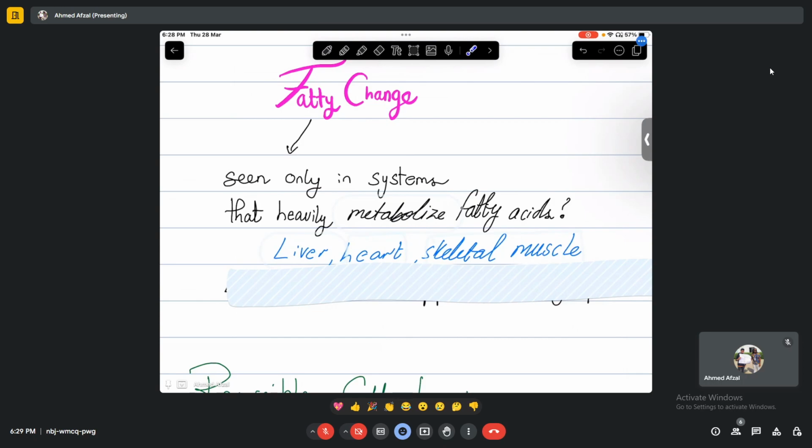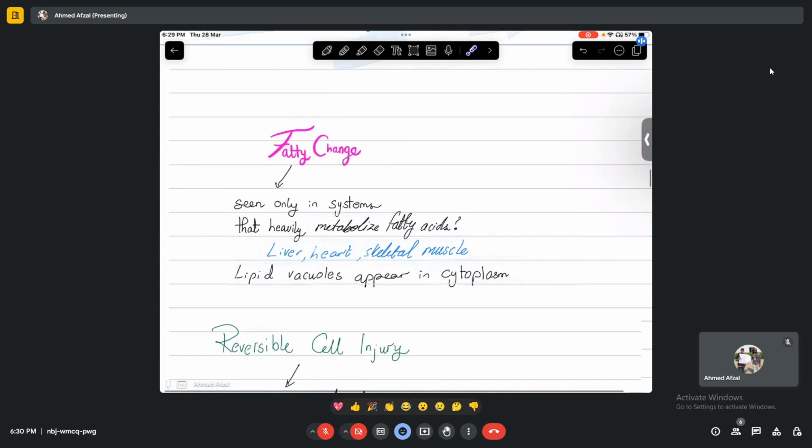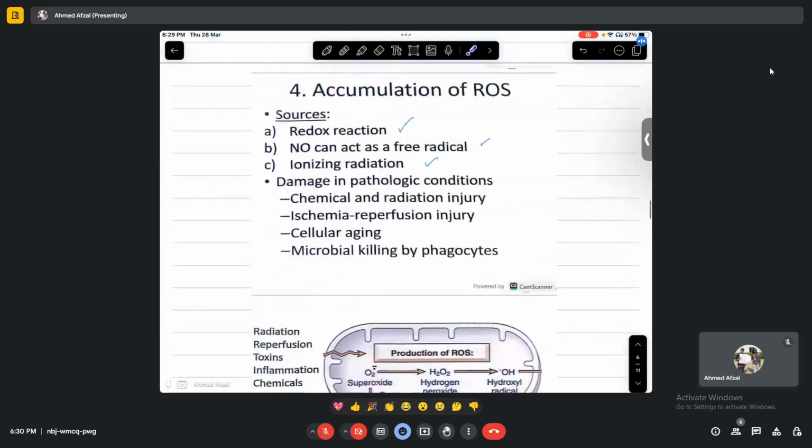And what can you see to identify that fatty change has taken place? You would look at the lipid vacuoles which appear in the cytoplasm. All right. So that's fatty change.